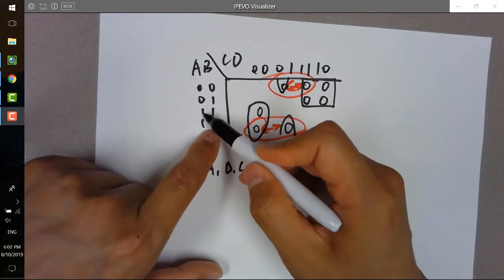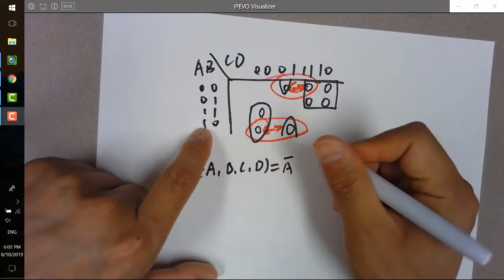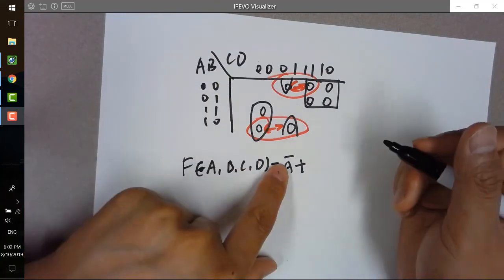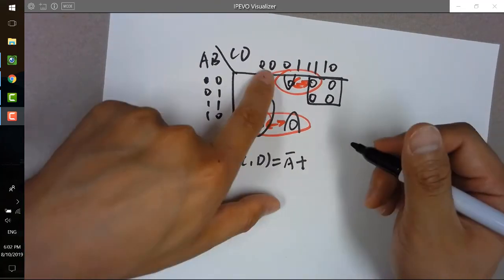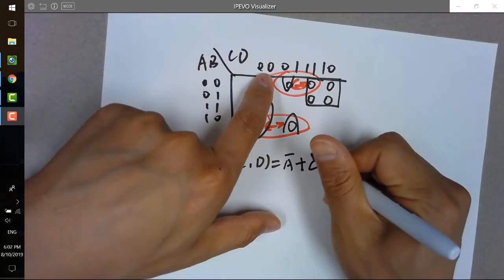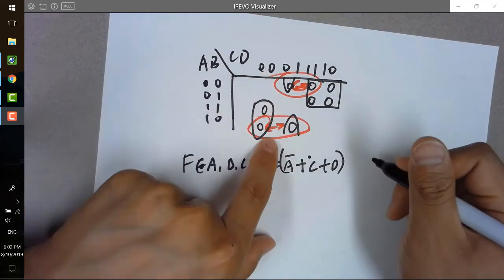You have B toggle, so A bar or C or D. That's the first max term.